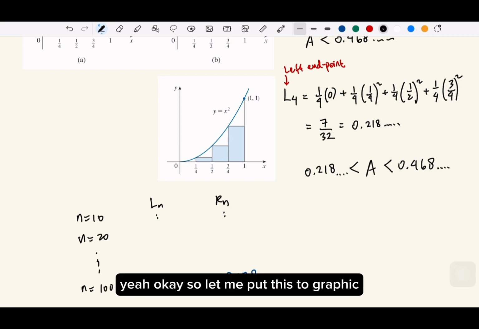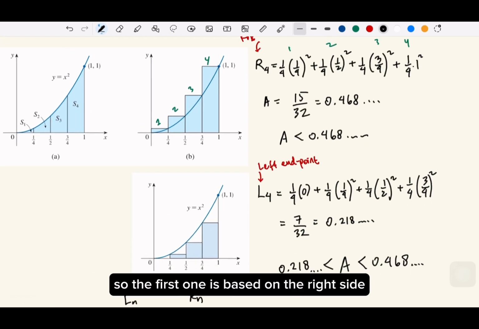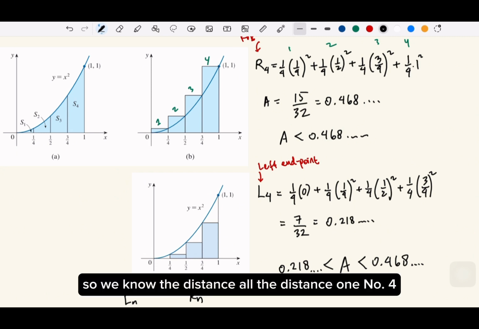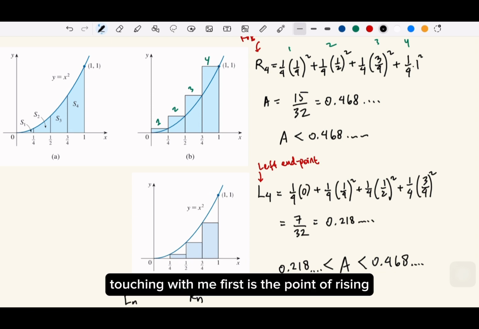Okay, so let me put these two graphics. The first one is based on the right side, that is on the curve. This one is based on the left. So we know all the distance is 1/4. The touching with the curve is the point on the right, this one.